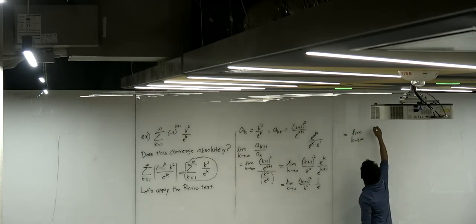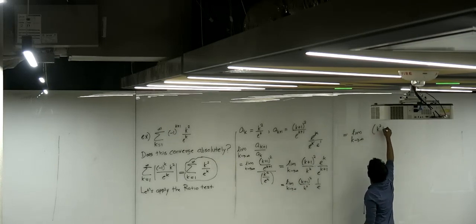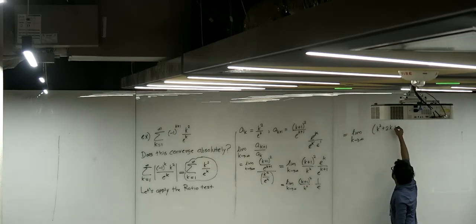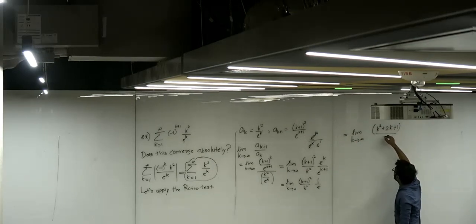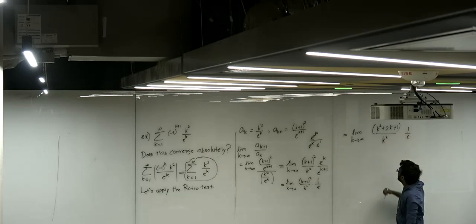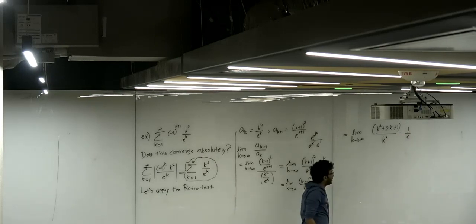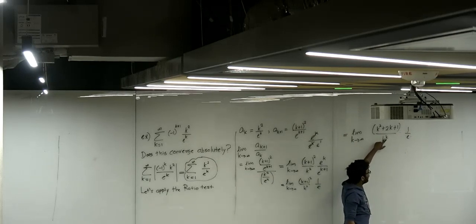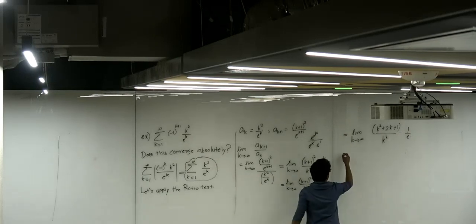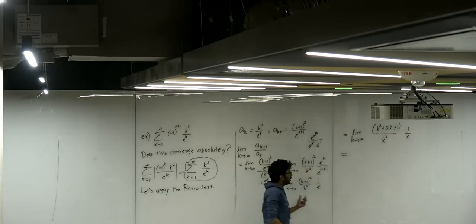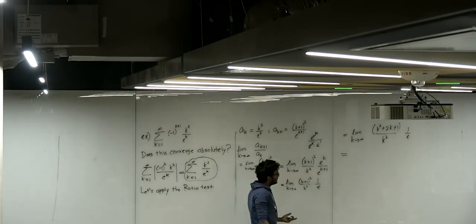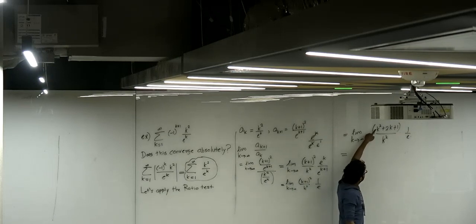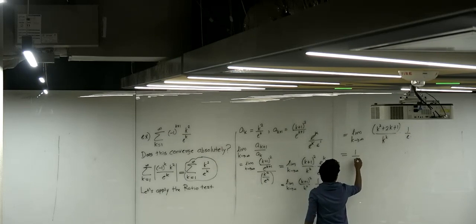If you expand this, you would get k to the power 2 plus 2k plus 1 divided by k to the power 2, multiplied by 1 over e. Okay? So if you consider your numerator, the highest power is 2, and in the denominator, the highest power is 2, right? So there is no dominating term, numerator or denominator. So the limit is going to be the ratio between 1 and 1. Okay? I would get 1 over e.